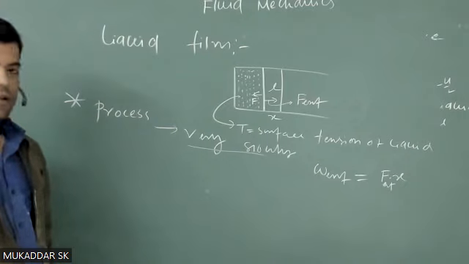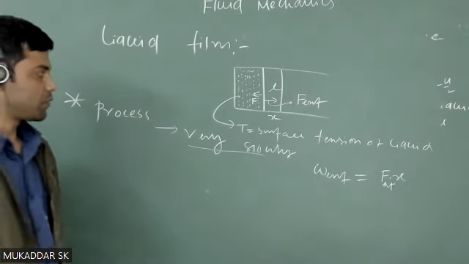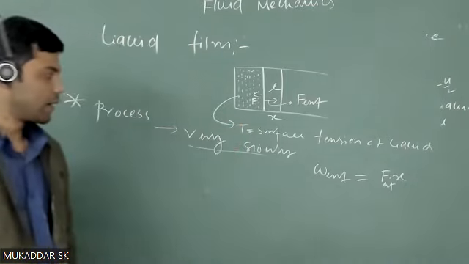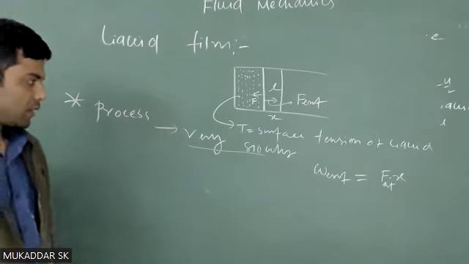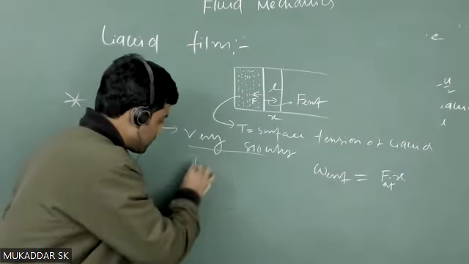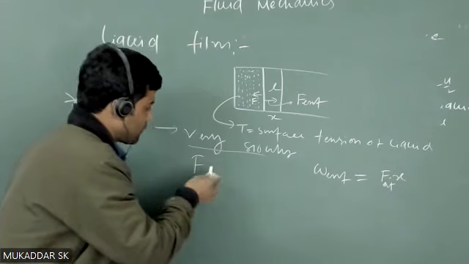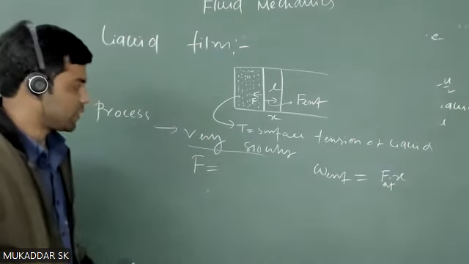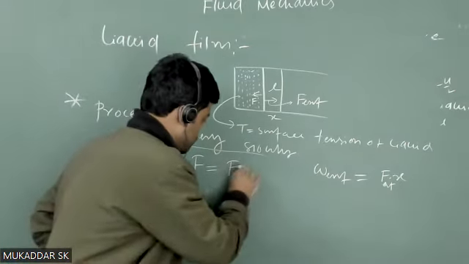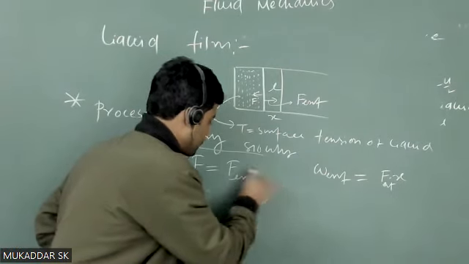So what is the meaning of very slowly? If you displace this sliding wire at a very slow rate, it means at every situation that force due to surface tension is balancing with external force.